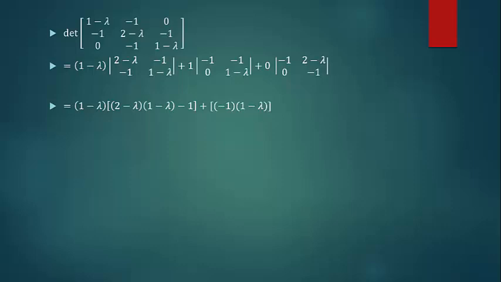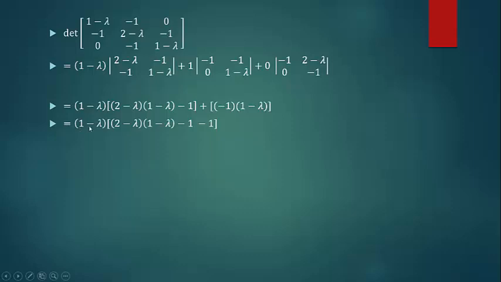You might be tempted to just start multiplying all of these terms out and then trying to simplify them later. But we can actually take advantage of a few nice properties that this expression has. Specifically, notice, I have a 1 minus lambda here, and that's being multiplied by this entire expression, but I also have a 1 minus lambda here. So I can actually factor a 1 minus lambda out of that entire expression.